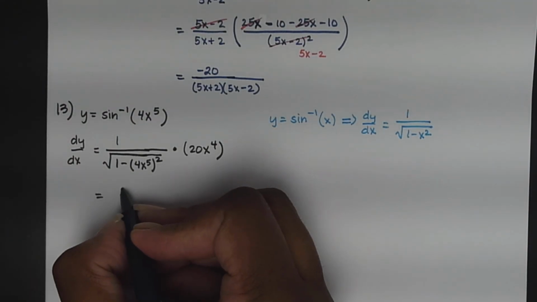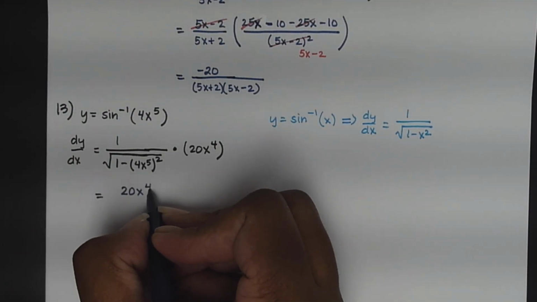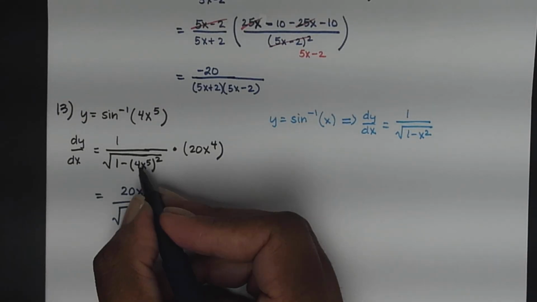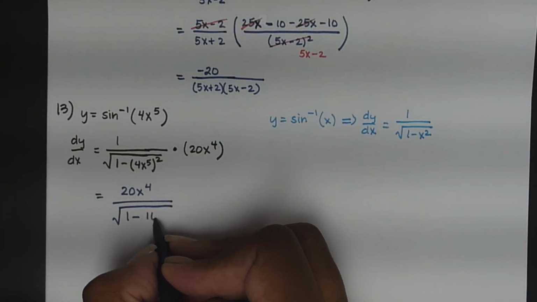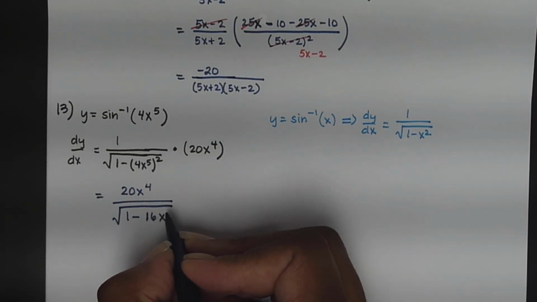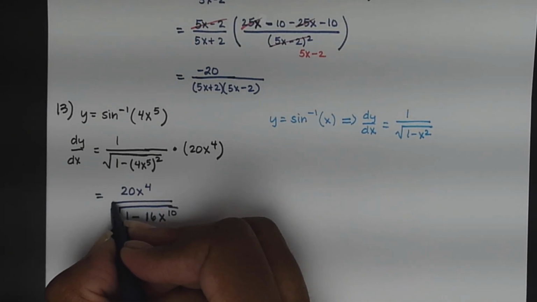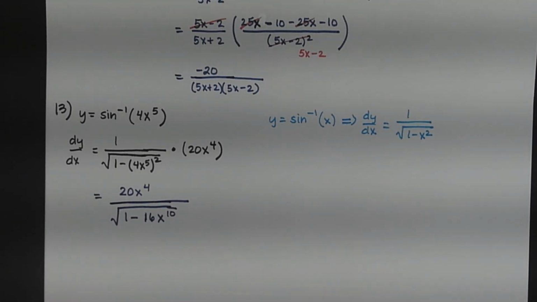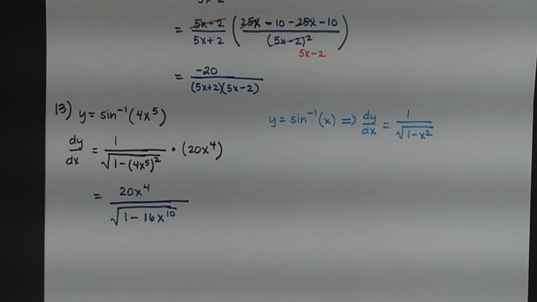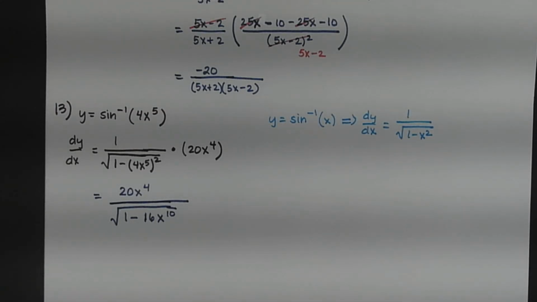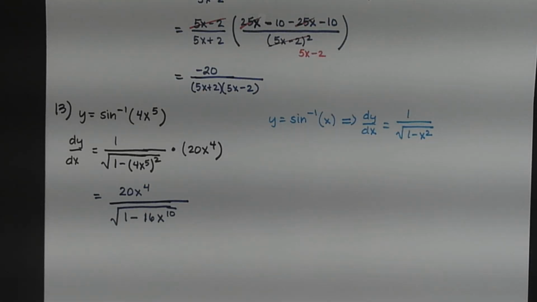So here, I'm going to have 20x to the 4th in the numerator divided by the square root of 1 minus, if I square the 4, that's 16. x to the 5th would be squared. If you're raising a power to a power, you multiply the exponent, so it'll be x to the 10th. So this is my final answer for the derivative of the inverse sine of 4x to the 5th. 20x to the 4th divided by the square root of 1 minus 16x to the 10th.